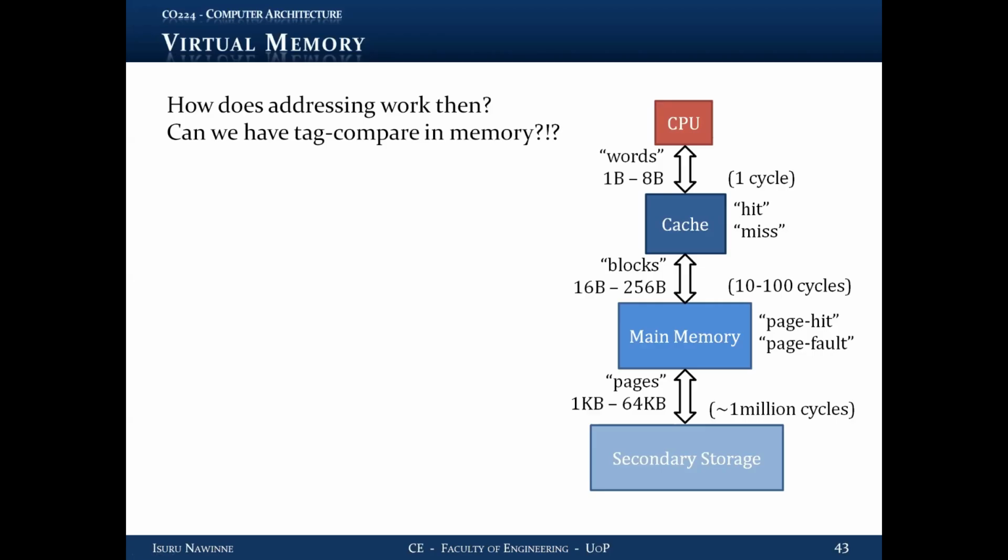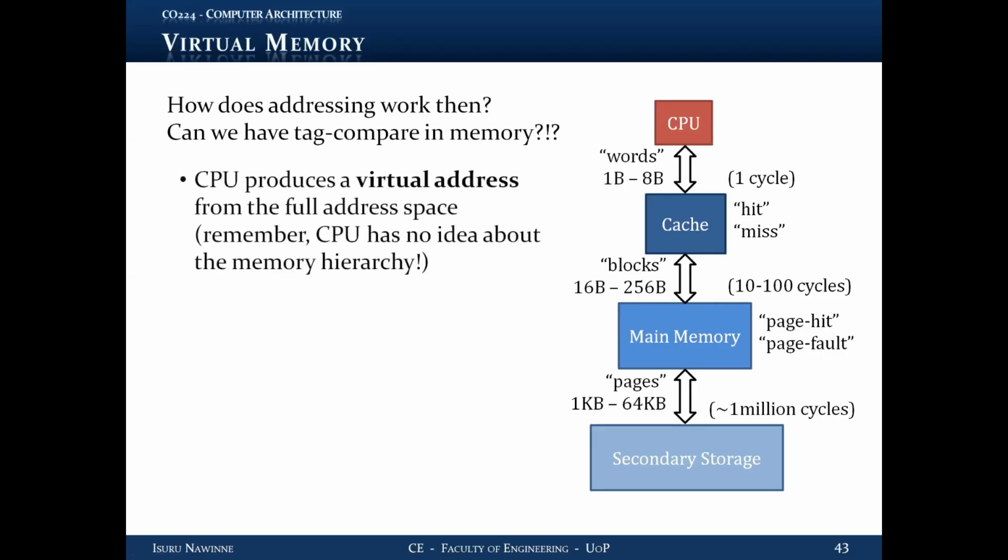So in order for the cache to know which one the stored block is, we needed to store the tag and then perform a comparison. So do we have to implement the same concept in memory? Do we have to store tags and do comparison? It's going to be very inefficient if we try to do it that way.